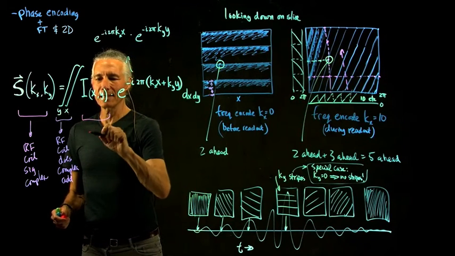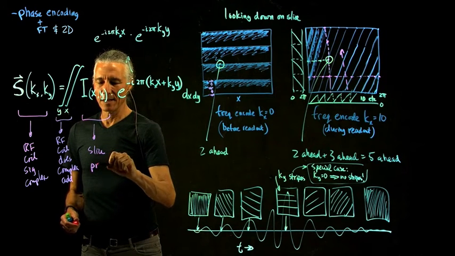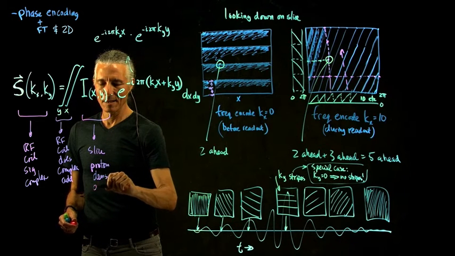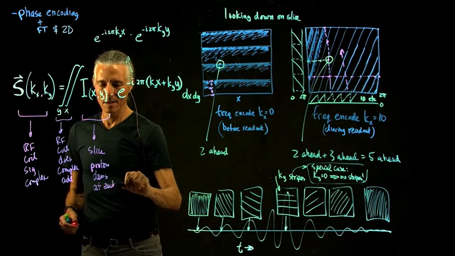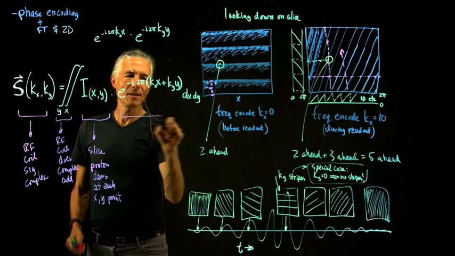This is our slice. Proton density at each point in the slice, at each xy point. And then these things are the 2D stripes.